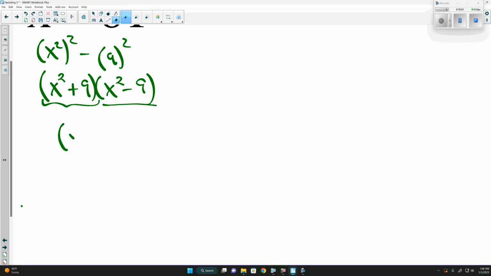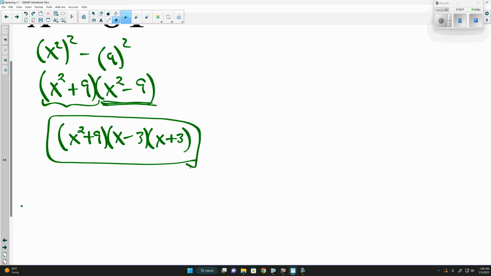So we leave it as x squared plus 9. But how would x squared minus 9 factor? And x, yeah. So x squared plus 9 times x plus 3 times x minus 3. So we could have it in either order, because the x minus 3 and x plus 3, it doesn't matter which one we put first, as long as they're both there. Yes. And this here would be the final answer.